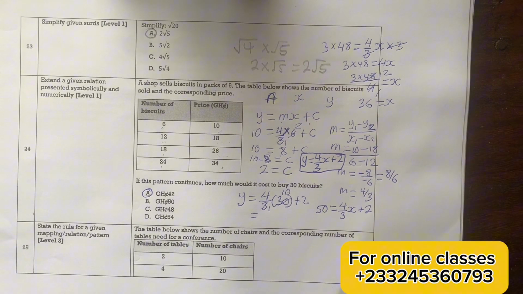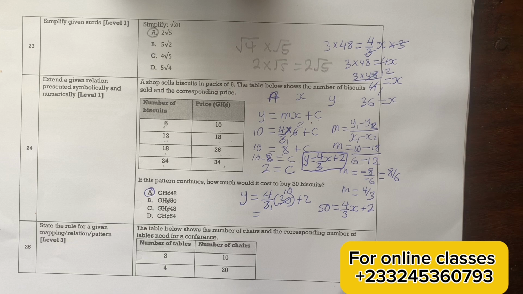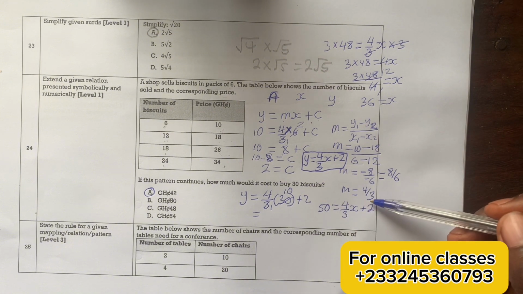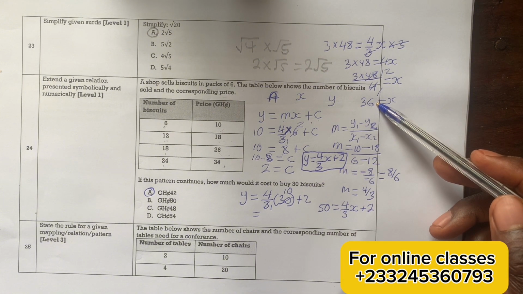So if I have 50 Ghana cedis, I can buy 36 biscuits in a very simple way.